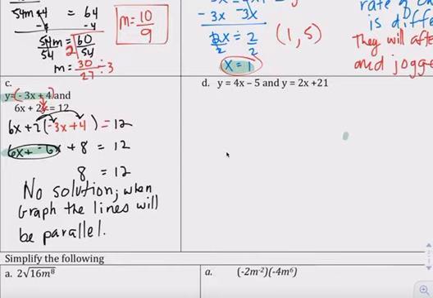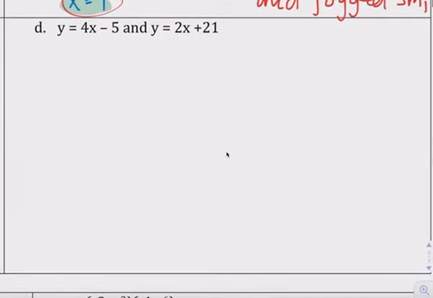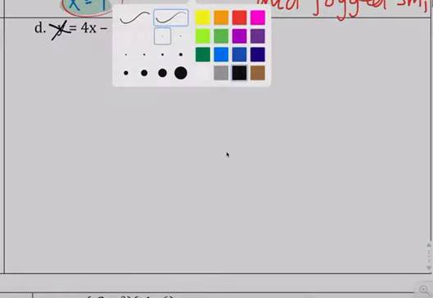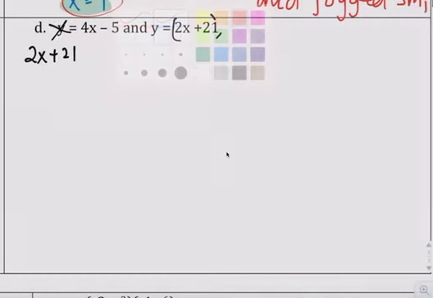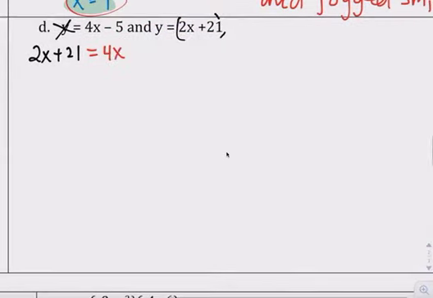So this one here, what would you use? They're both in slope-intercept form, so you use substitution. Yeah, substitution. So you cross out one, and you put the other one in there, 2x plus 21, and that equals 4x minus 5.